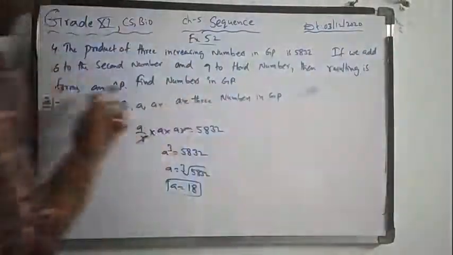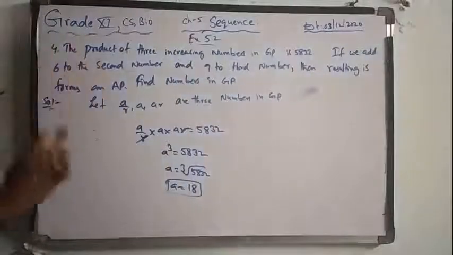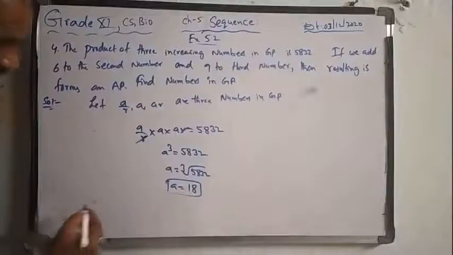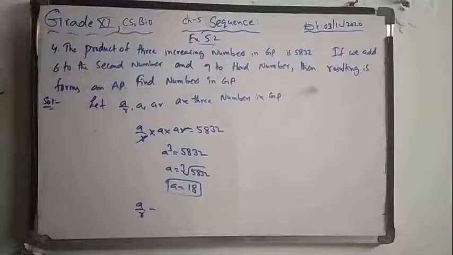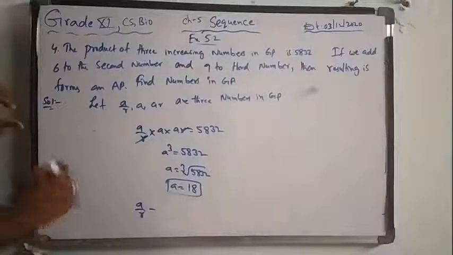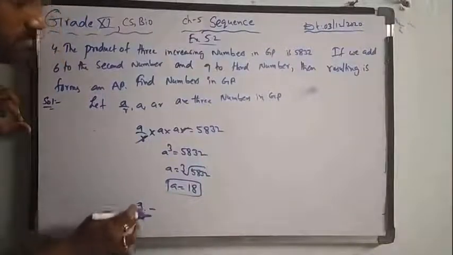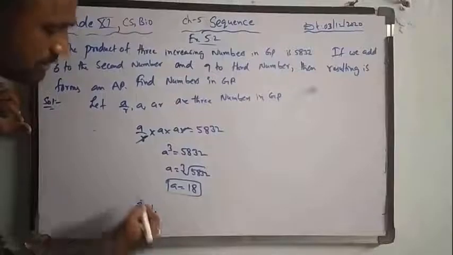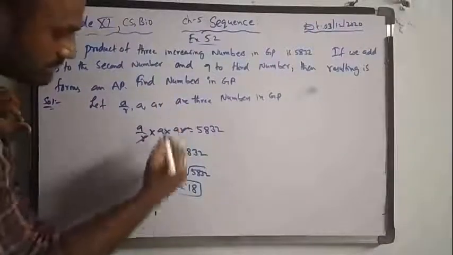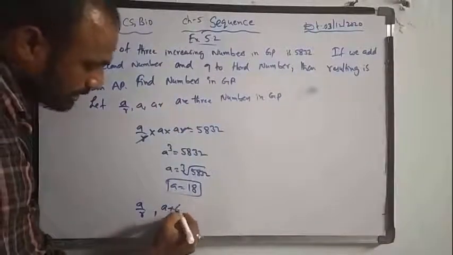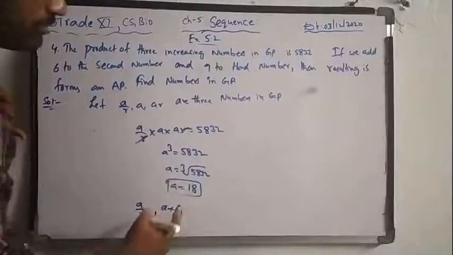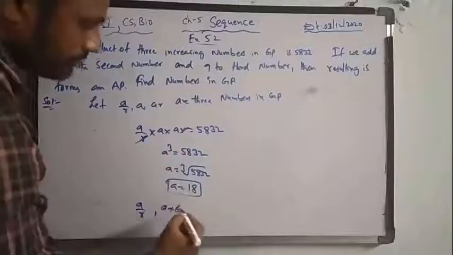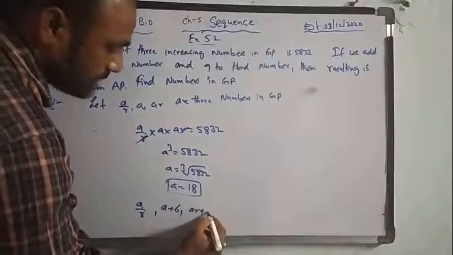Next, he has given that if we add 6 to the second number and 9 to the third number, with the first number as it is, then the resulting numbers form an AP series. So first, a by r as it is, and for the second, that is a, we add 6, and for the third we add 9, that is ar plus 9.